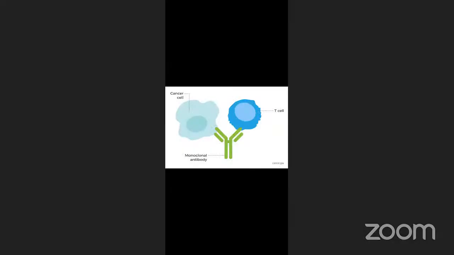For example, it attracts T cells, different types of macrophages, natural killer cells, and neutrophils towards the monoclonal antibody Fc region, and they act upon the tumor cell. Okay, same like our natural antibody mechanism, this antibody dependent cell cytotoxicity mechanism. So these are the therapies to protect the patient from tumors.